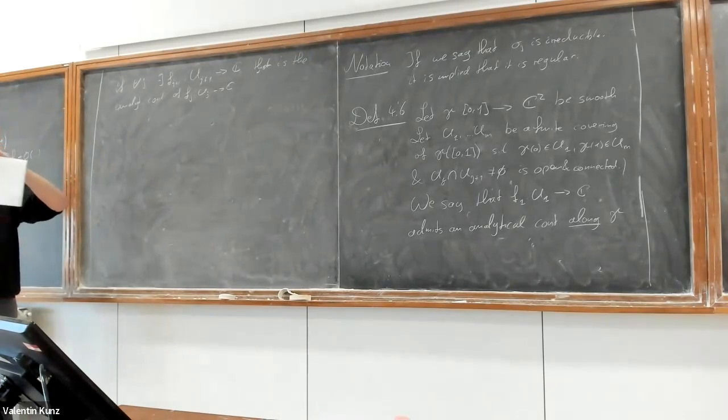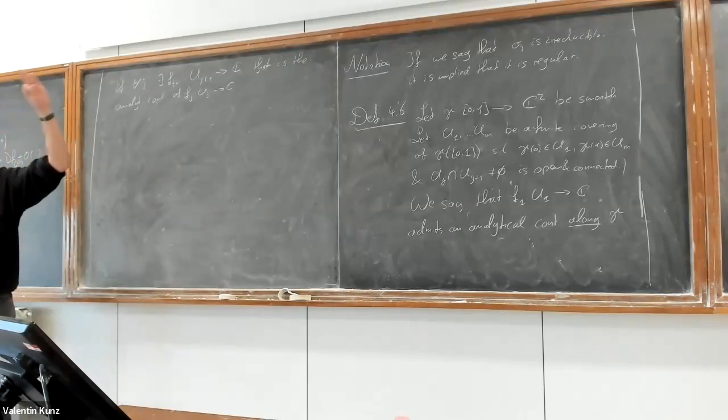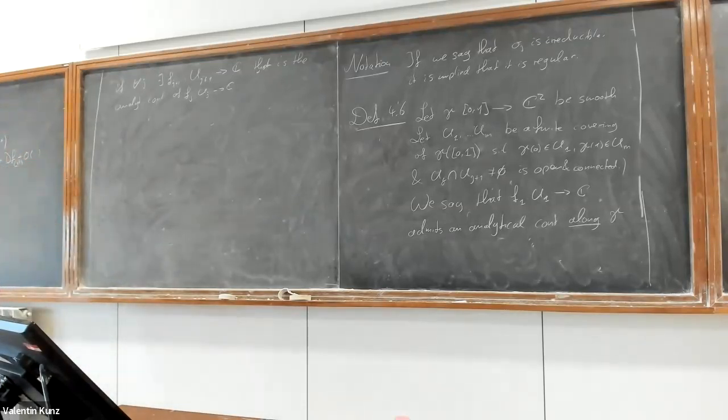The covering is chosen to be around the path. I'm not saying it's the maximum domain, but every open covering that I choose has to be around the path. The fact that you're saying an analytic continuation instead of the analytic continuation has to do with the fact that you can change the covering.